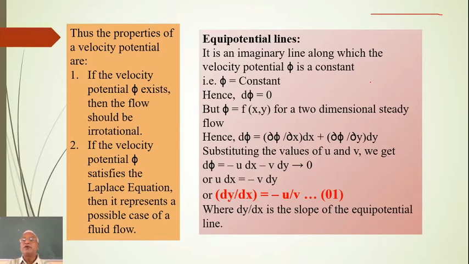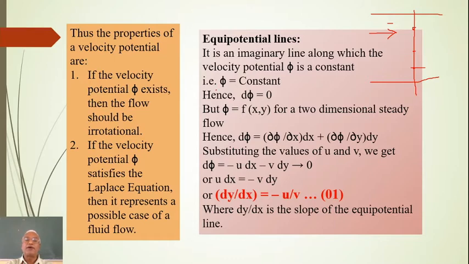Now suppose there is a flow occurring here. There is an imaginary line along which the velocity potential phi is constant. Means if we have a line, and there are a number of points on it, then the velocity potential function for all these points is the same.